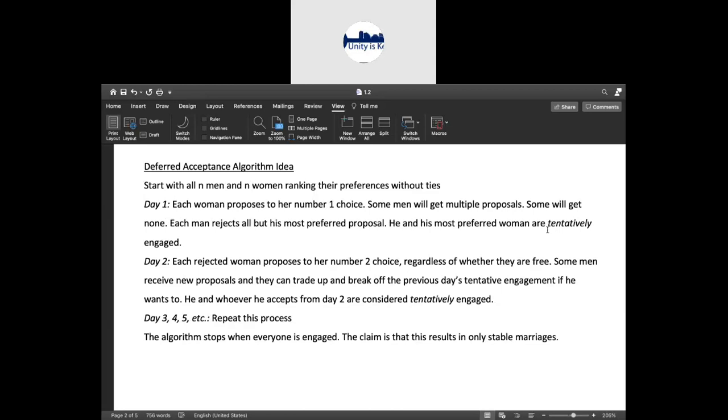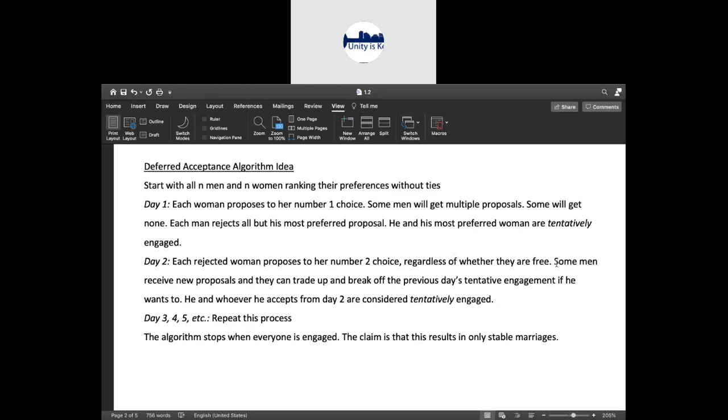But then the next day, we have a bunch of scorned women, right? All of those women whose proposals were rejected are going to propose to their number two choice. And they're going to do that regardless of whether or not he's free. So maybe their number two choice already accepted a proposal on day one. They're going to propose to him anyway.